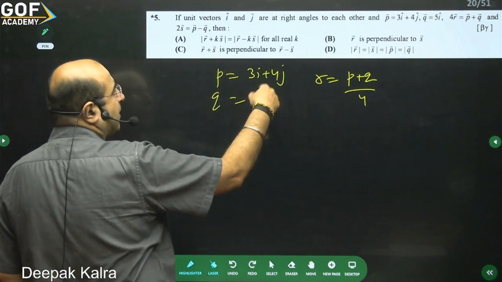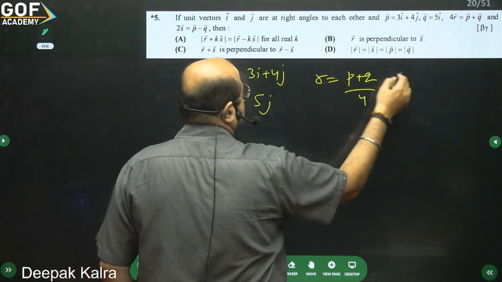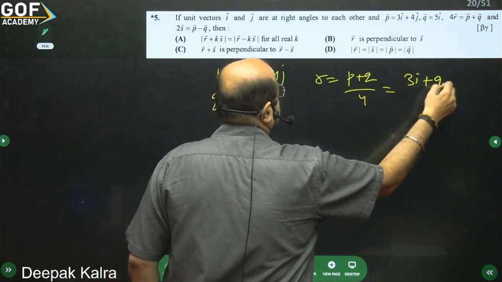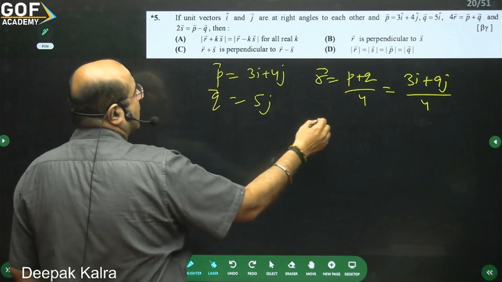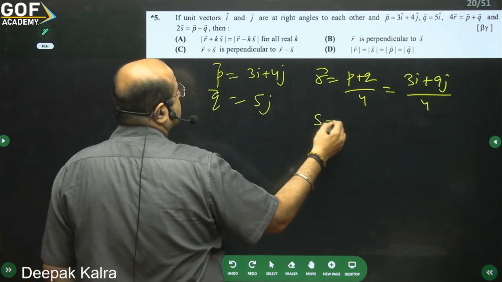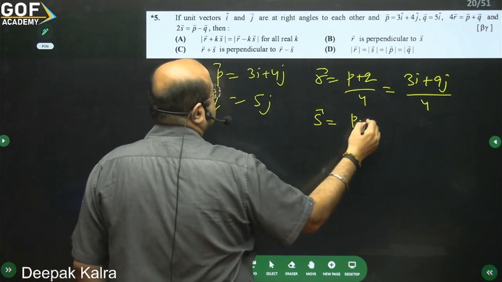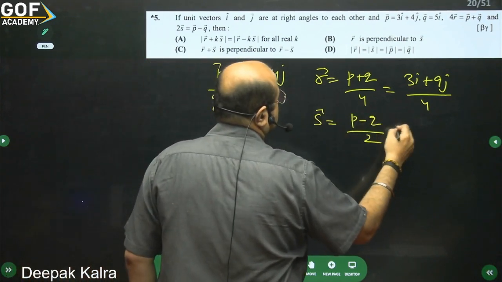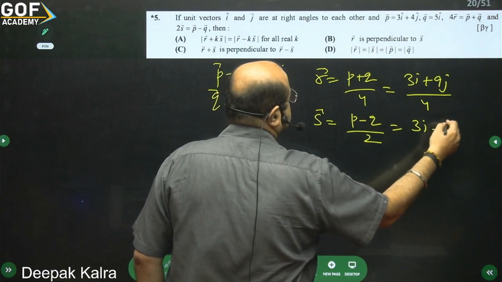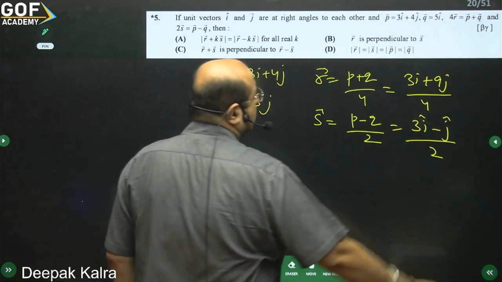You add them up, divide by 4, 3i plus 9j over 4 is R vector. And then S vector is nothing but P minus Q over 2. Get 3i minus j over 2.